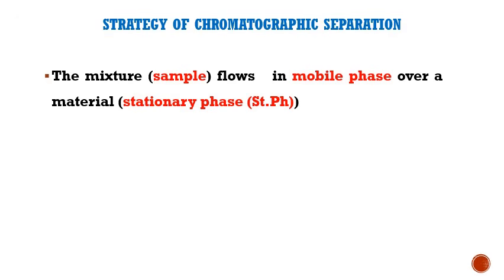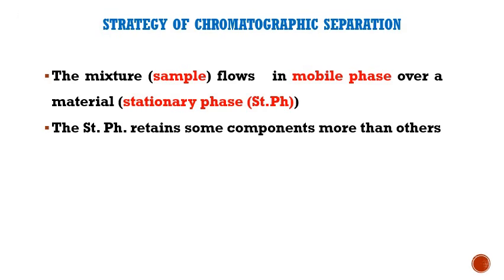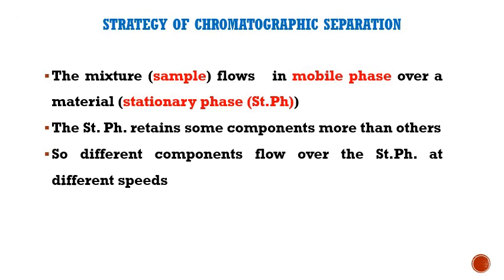The different components present in the sample have different solubilities in the mobile phase and the stationary phase. And due to this interaction, the stationary phase will retain some components more than others. So different components will flow over the stationary phase at different speeds or rates.